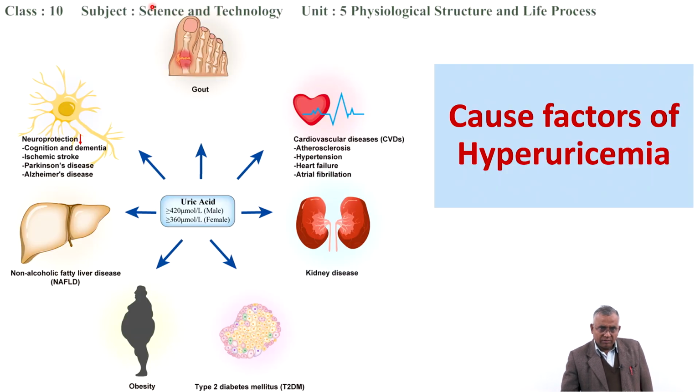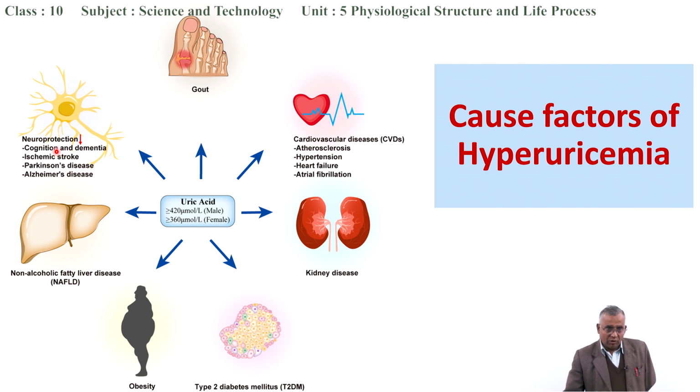So here the cause factors are mainly cardiovascular diseases, different types of diseases, and then kidney diseases. Next, type 2 diabetes also causes it, obesity, and the liver, that is non-alcoholic fatty liver disease. That also leads to what? Uric acid, because if there is abnormality in the liver also, that causes high uric acid.